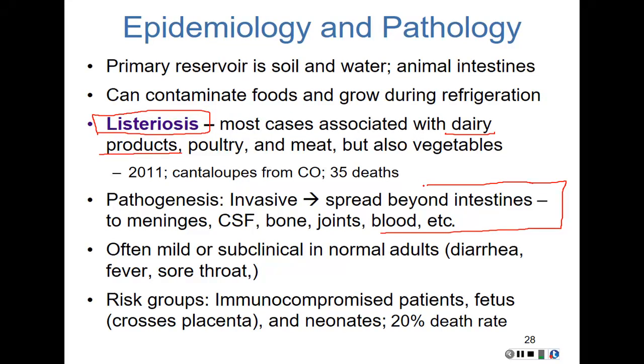So there have been a lot of recalls that you hear about with Listeria. I remember there was an ice cream manufacturer in Texas. I forget the name of it. They recalled all their ice cream, and it just comes up quite often, food recalls related to this organism.